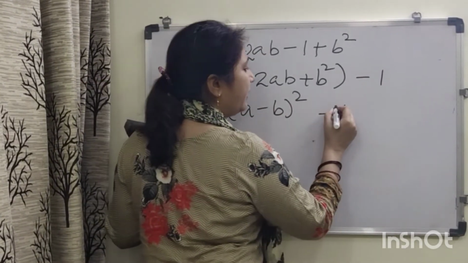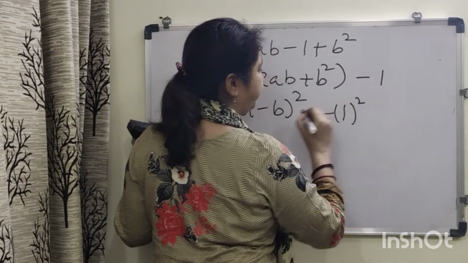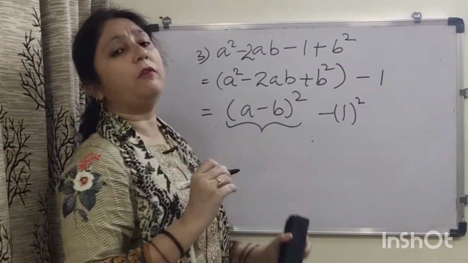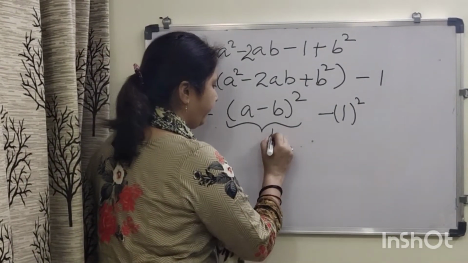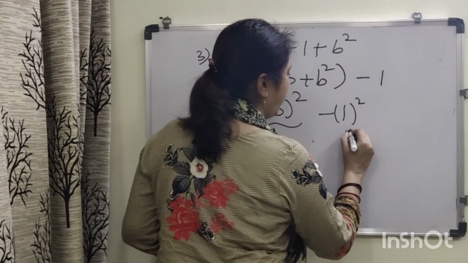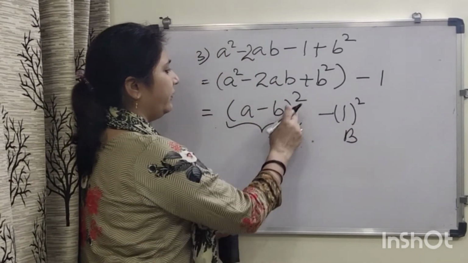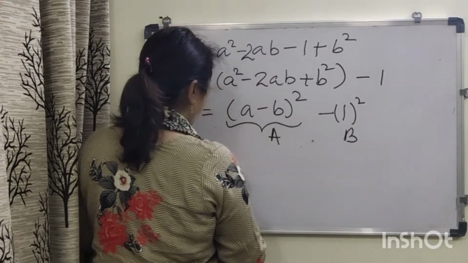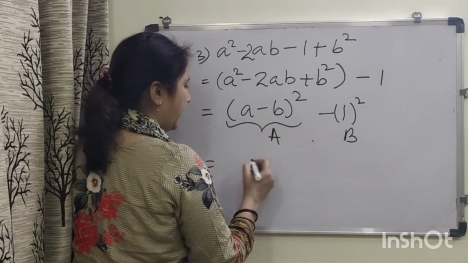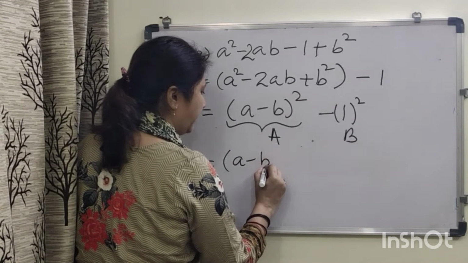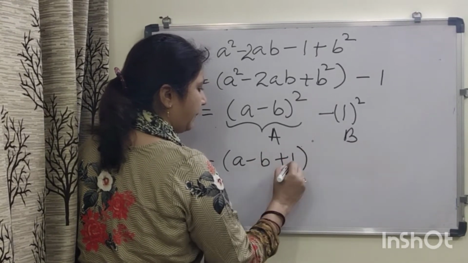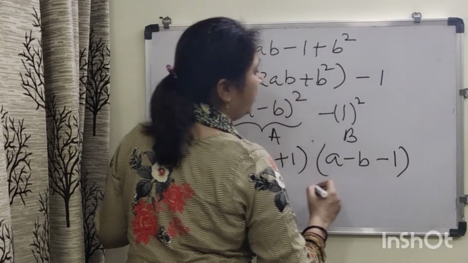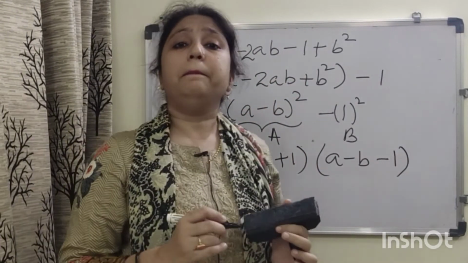Now you can treat this one as 1 square. This entire a minus b whole square will act as a, and this 1 will act for you as b. Now you can see this is a square, this is b square. So what will be there? As per the identity, a minus b plus 1, which is your a plus b, and a minus b minus 1, which is your a minus b.